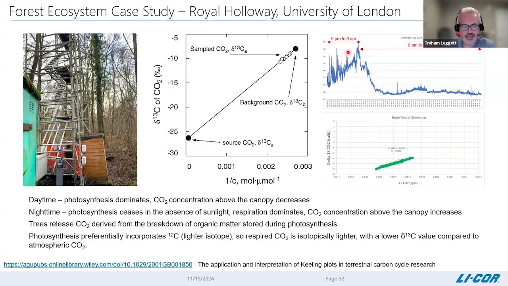Again, because of the preferential uptake of C12, the lighter isotope, the respired CO₂ is also isotopically lighter, with a lower delta 13C value compared to atmospheric CO₂. You can see that quite clearly in the plot bottom right, and also from this example from the literature, the reference at the bottom there, where you can see the projected source CO₂ delta 13C below -25.